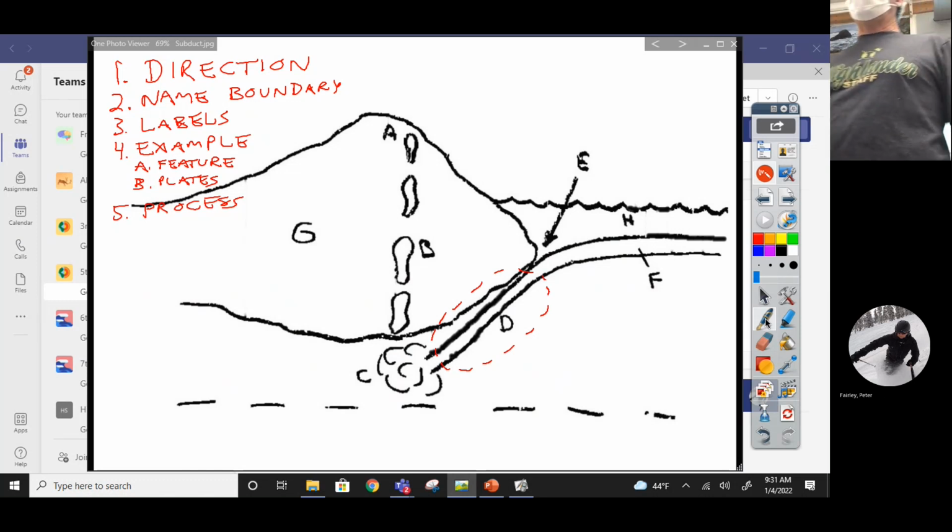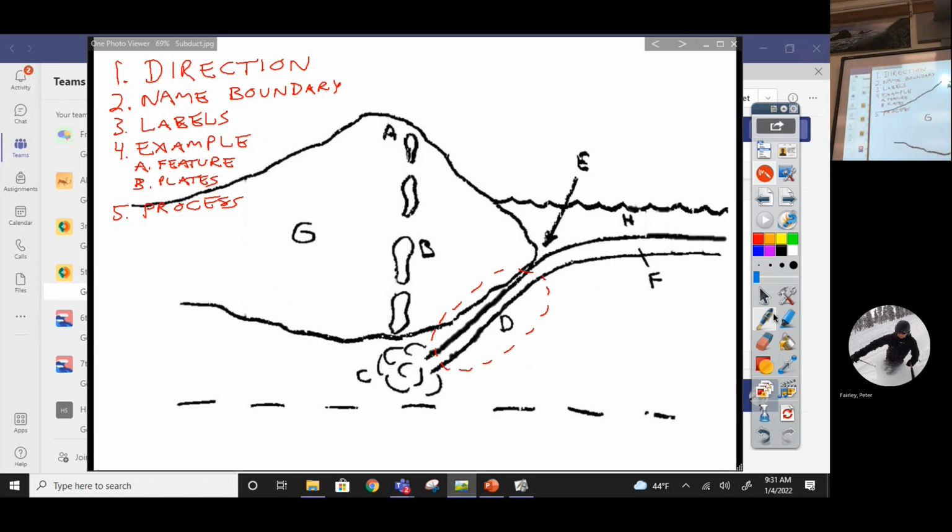What was the process on the previous one where things are moving apart at a diverging boundary? What's happening to the size of the ocean over time? It's getting bigger. So what do we call that process? I'll give you a hint, SFS.